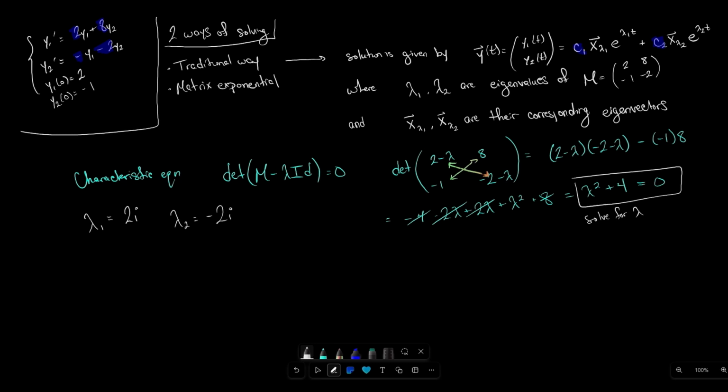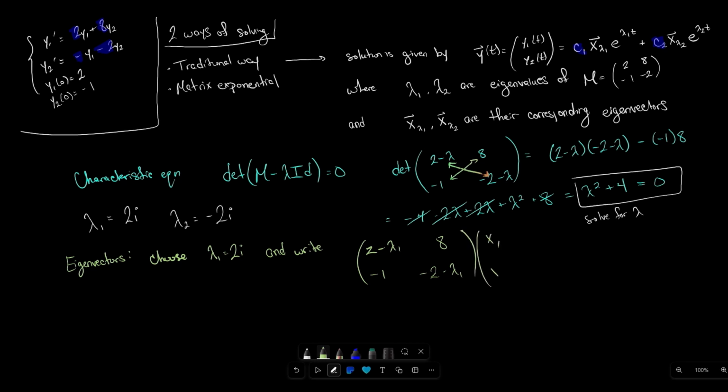If we want to find eigenvectors, we need to choose maybe lambda 1 first, and write 2 minus lambda 1, 8, negative 1, negative 2 minus lambda 1 against x1, x2 equals 0, 0.